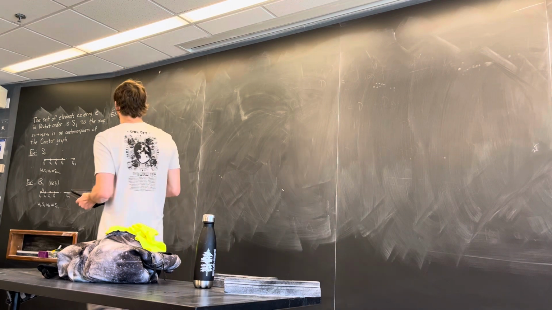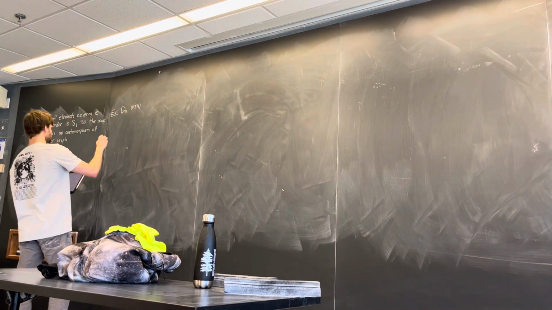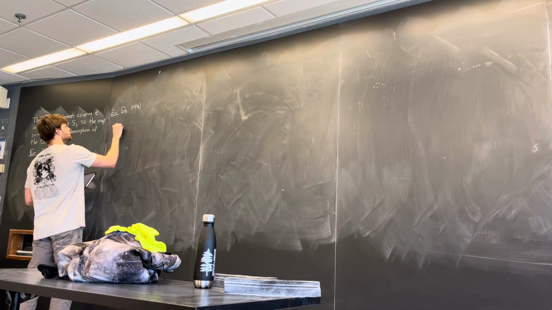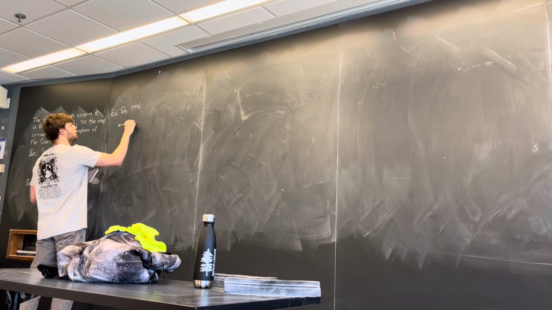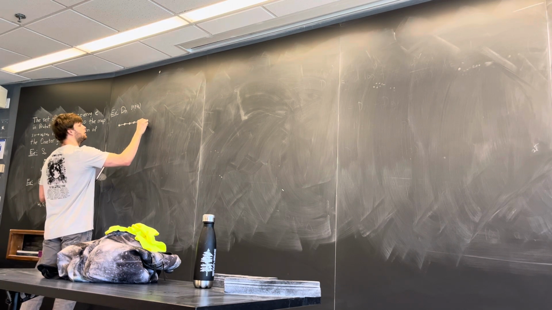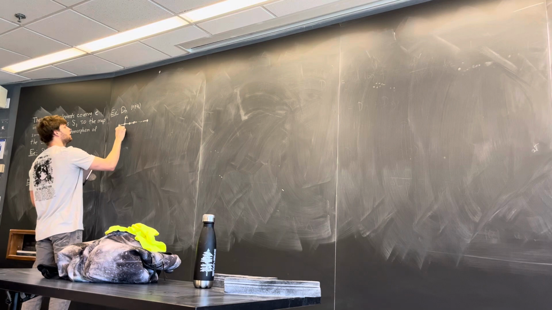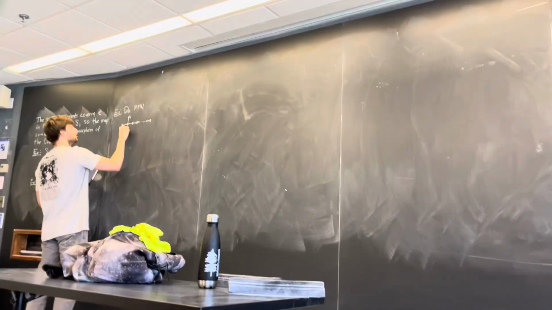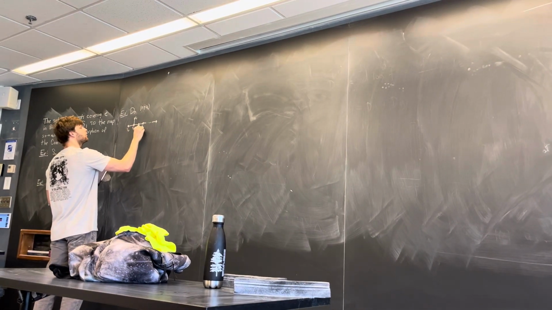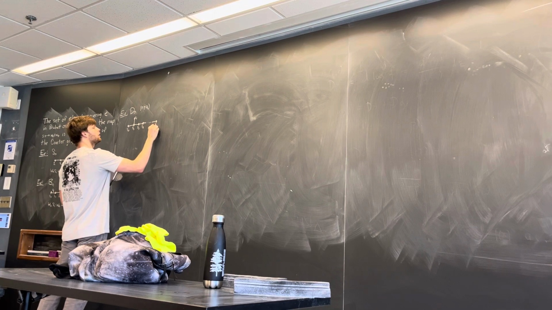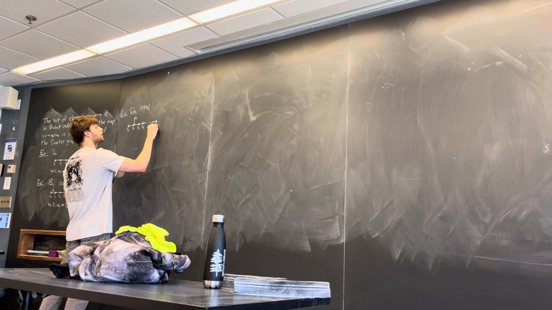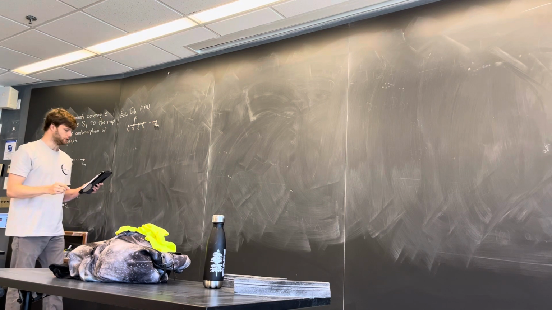But, okay, so remember here, the Coxeter graph looks like this. So this is S0, S1, S2, S3, S4, and so on up to S n minus 1.